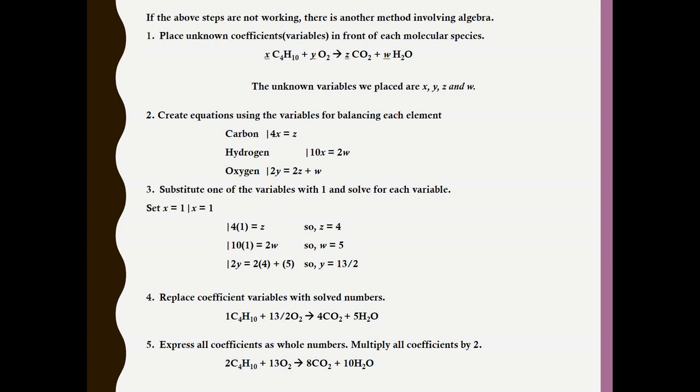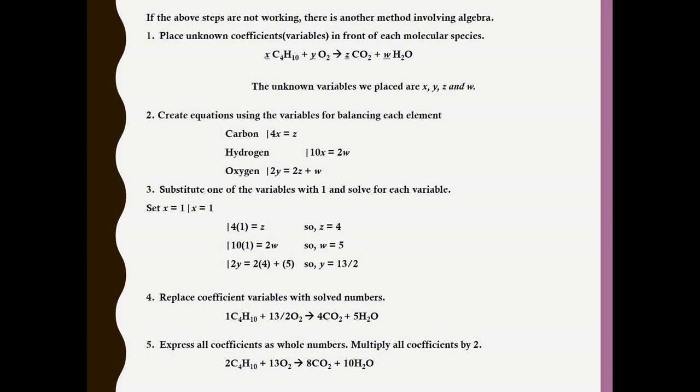Now, to create the equation using the variables for balancing each element, I can say my carbon is 4x equals Z. If you go back to the equation, you can see that it says C4, and in front of that I put down the coefficient x.